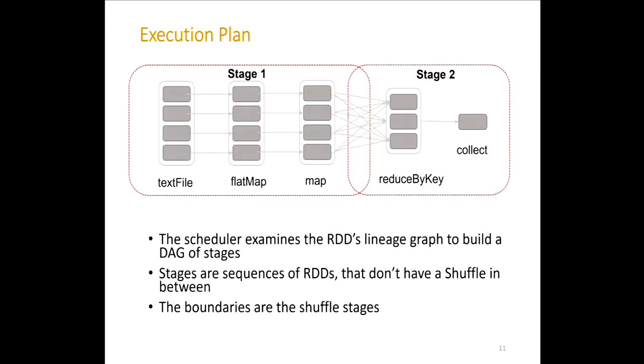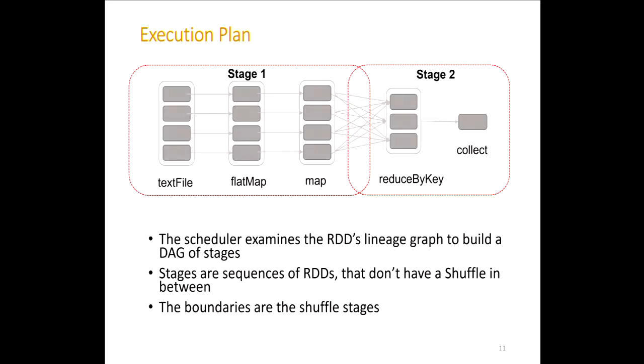The execution plan that the DAG scheduler builds looks at the lineage between the transformations: this RDD is transformed according to this transformation, giving a new RDD, and so forth.